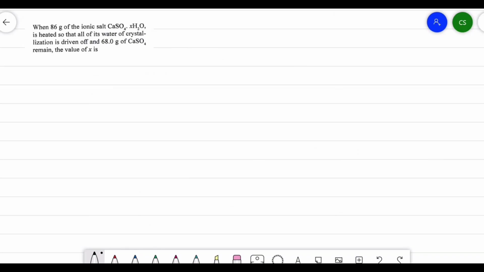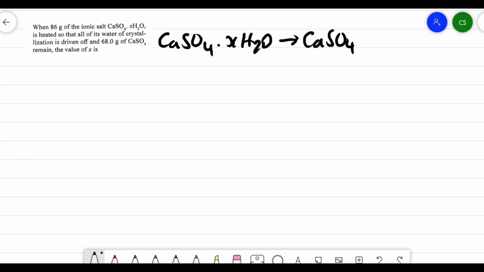Alright, this is how you'd go about working out a question like this. You want to write out an equation first and foremost. So what you'd have is CaSO4, which is calcium sulfate, dot XH2O yields CaSO4 plus XH2O. Now, what do we know?